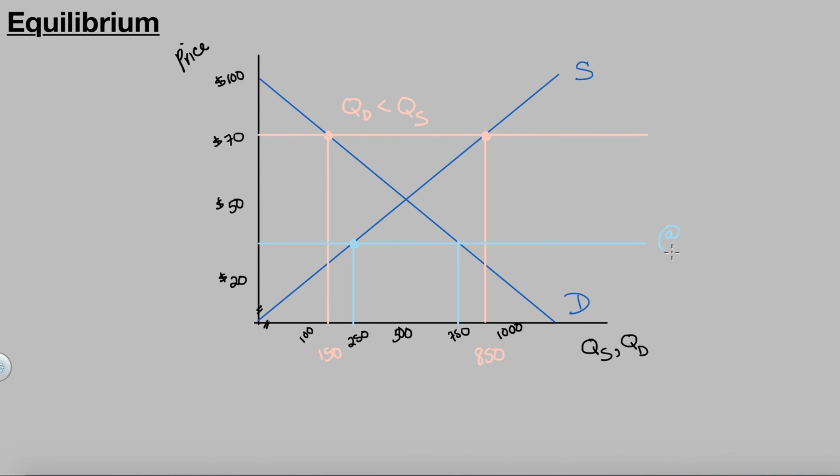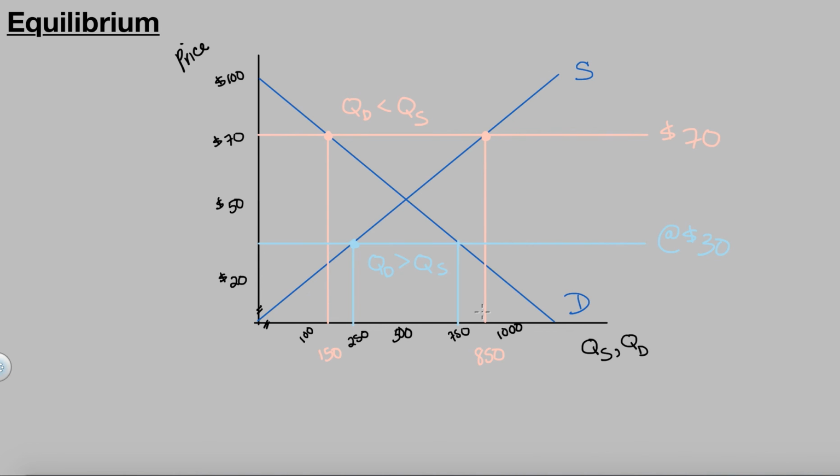Okay, so if we look at $30 and compare that to $70, we see down here at $30, it's actually the quantity demanded which is larger than the quantity supplied. So basically, I brought in 250, I sold those, and there were 500 people still waiting in line that wanted to buy some of my digital art at $30.